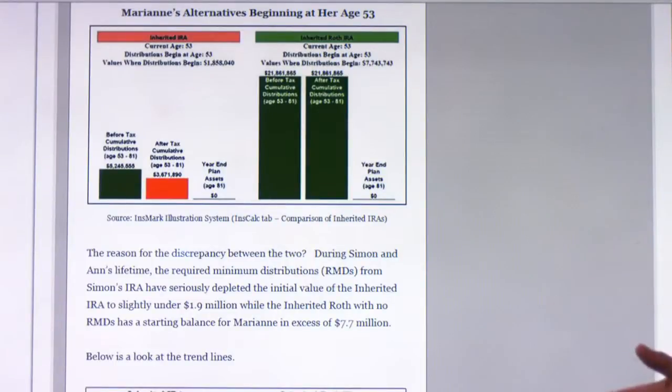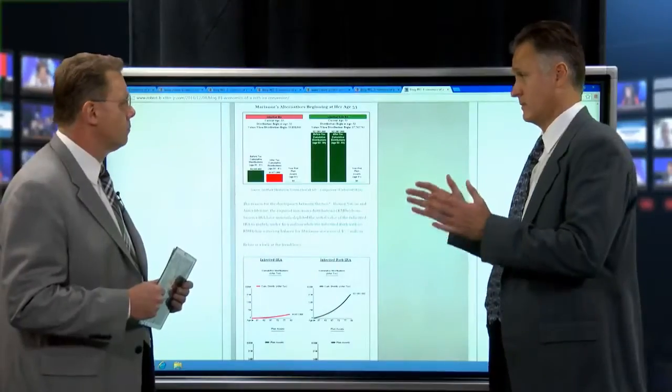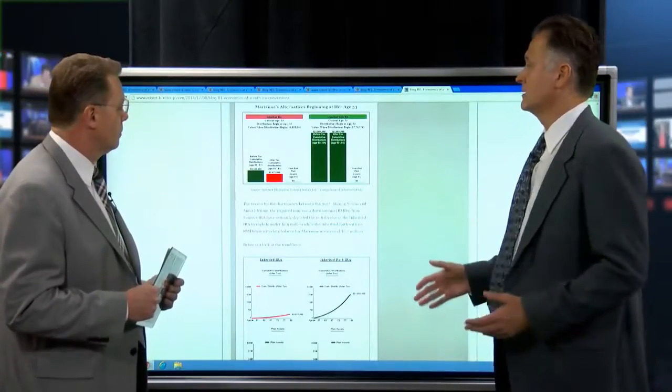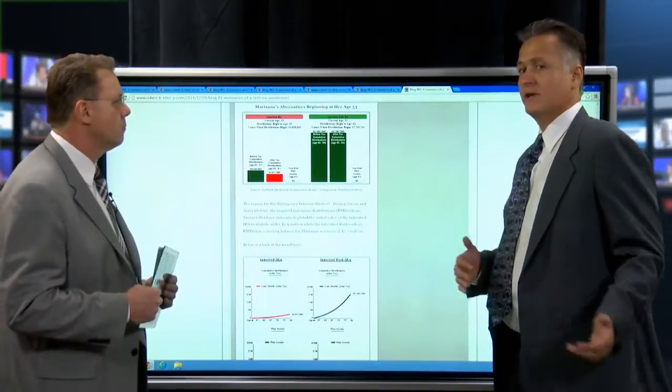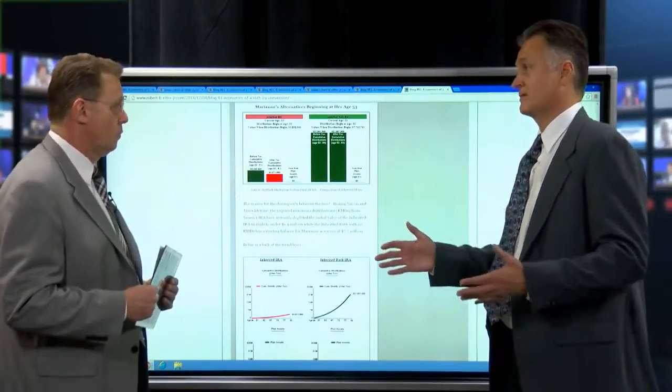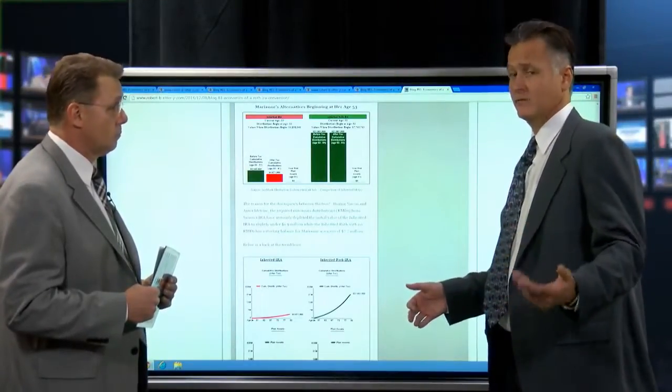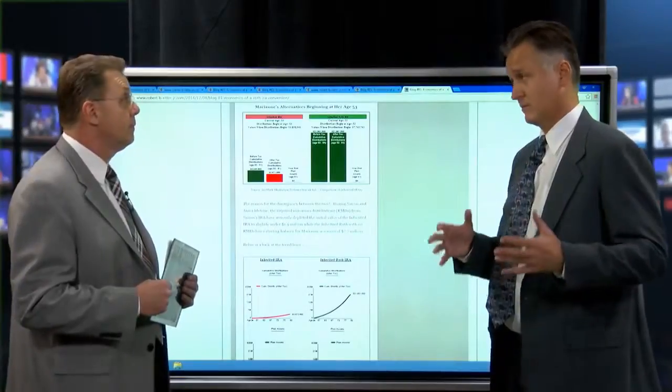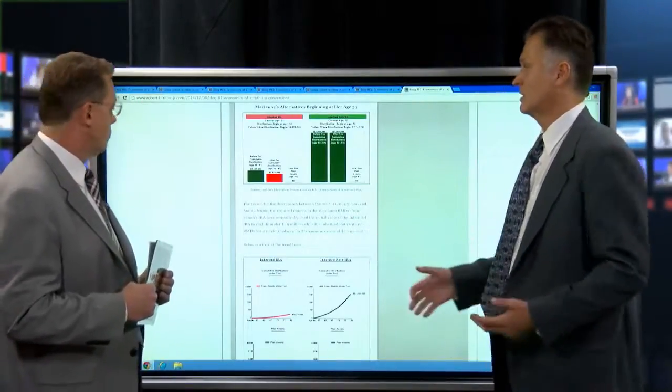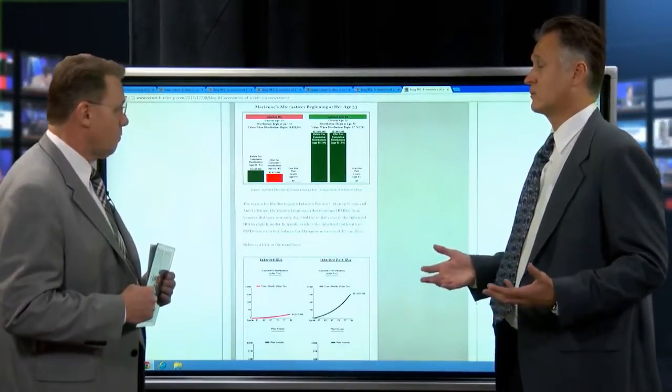Sure. If you have the Roth where the beneficiaries are the heirs, the power of being able to continue to accumulate those assets on a tax-free basis, even though with the heirs there will be minimum distributions, but the lion's share will continue to grow, is really incredible.